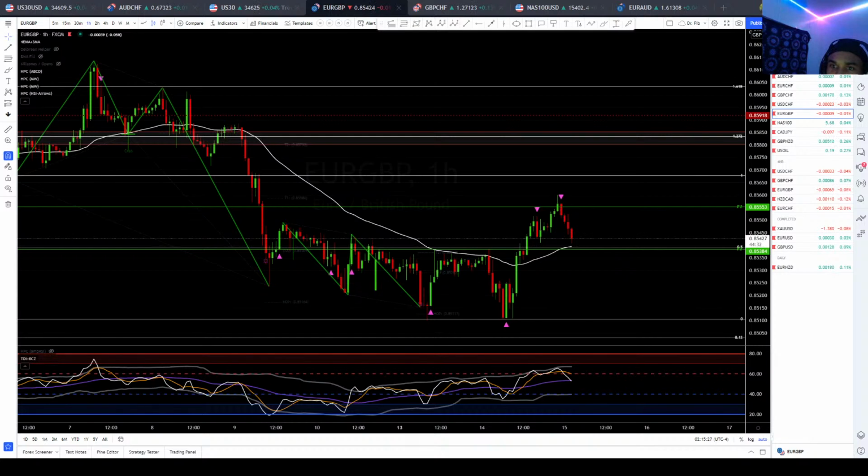Price has to come back to the last HSI check back, which is here. Last HSI check back was here. So I want to see price come back and touch there before it makes another move for sure.